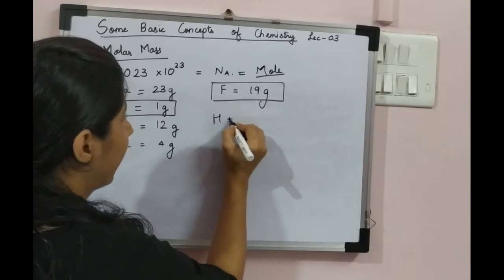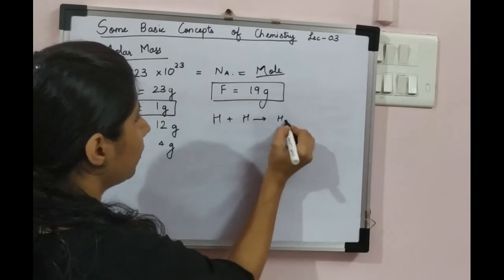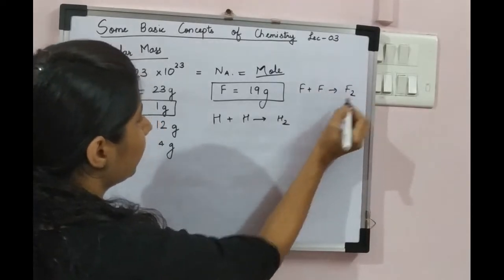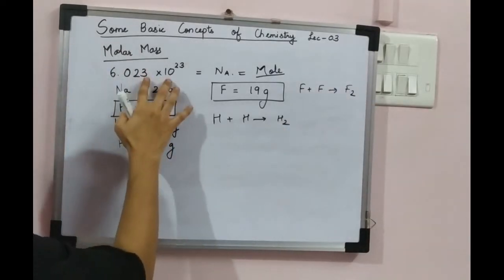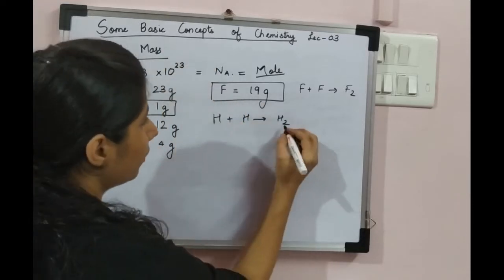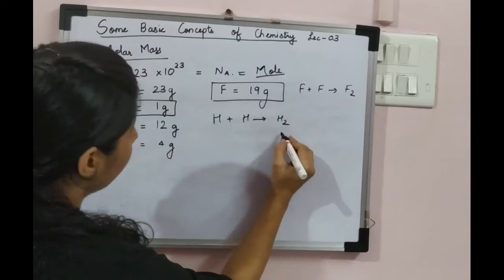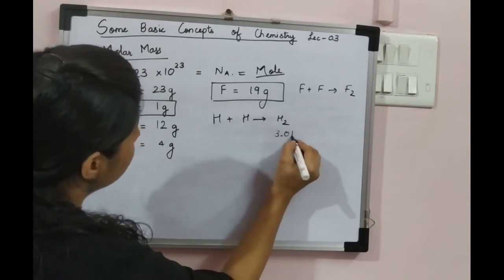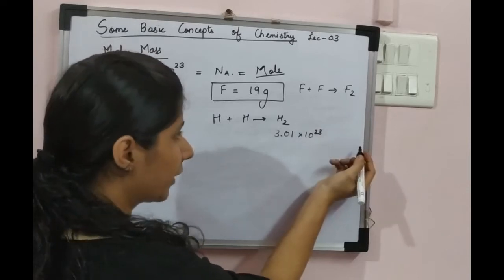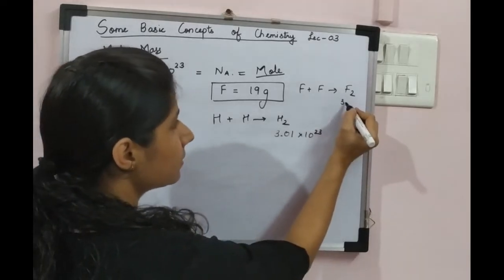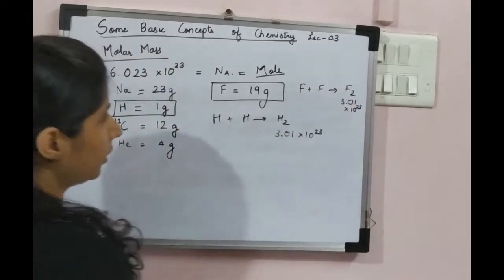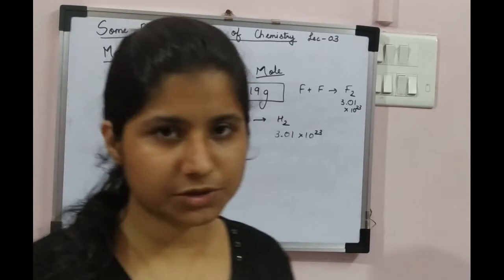They actually react. Hydrogen forms a hydrogen molecule and fluorine forms a fluorine molecule. So if I have 6.023 into 10 to the power 23 atoms of hydrogen, what will I have? Half the number of this, which is equal to 3.01 into 10 to the power 23 molecules of hydrogen. Similarly with this, half of the Avogadro number of fluorine molecules, right? You understand? It reduces to half.